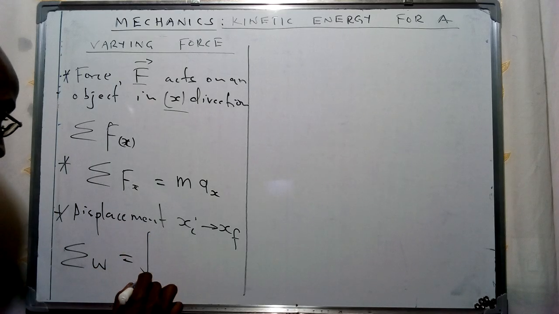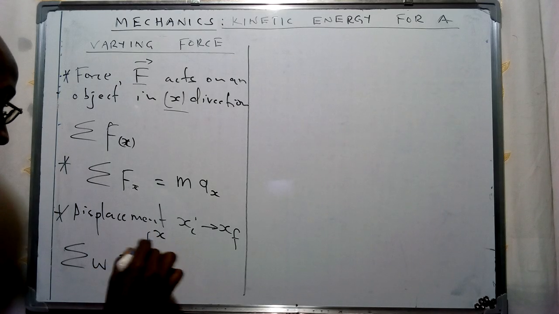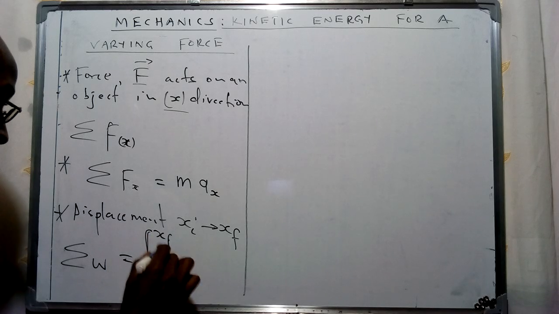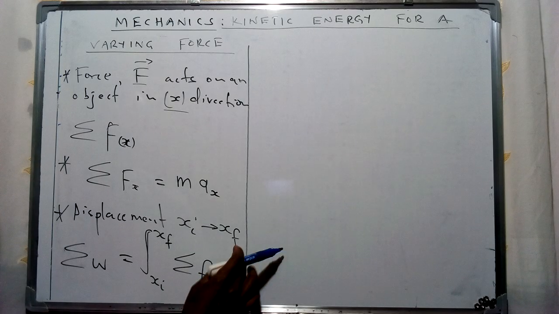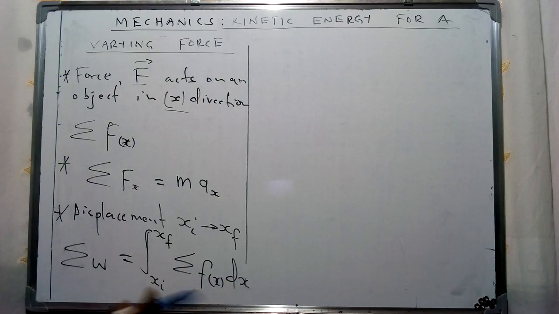Now, this can be given in the form of an integral from x initial to x final, of the summation of F in x, dx, which is going to be the integral of the summation of this element from x initial to x final.